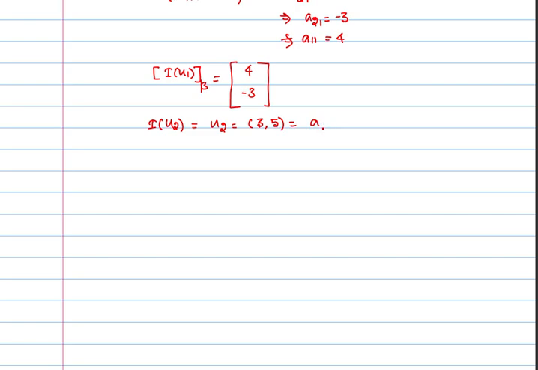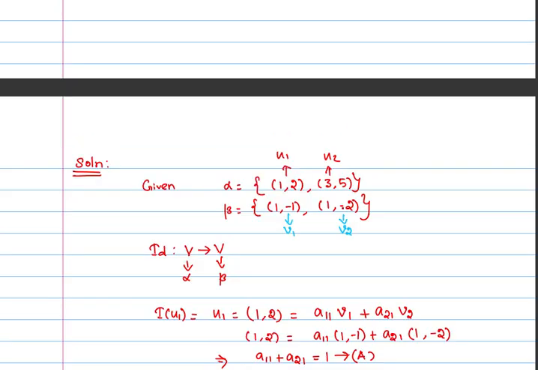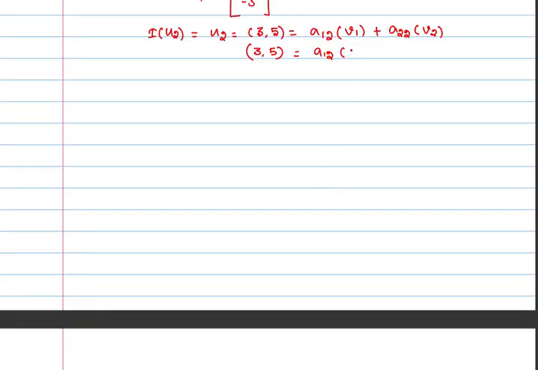Here I want to find it as A12 times V1 plus A22 times V2. Here V1, V2 are vectors, A12, A22 are scalars. So this implies (3, 5) equals A12 times (1, -1), V1 as already given, plus A22 times (1, -2), V2.